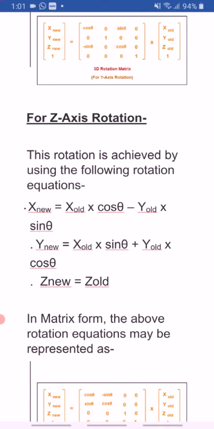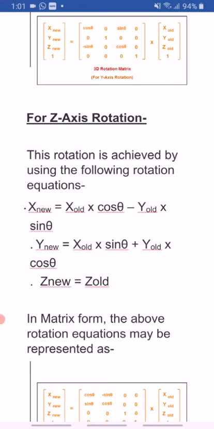Then coming to z-axis rotation, the rotation happens about the z-axis. So the z coordinate will be the same, so z new equal to z old.